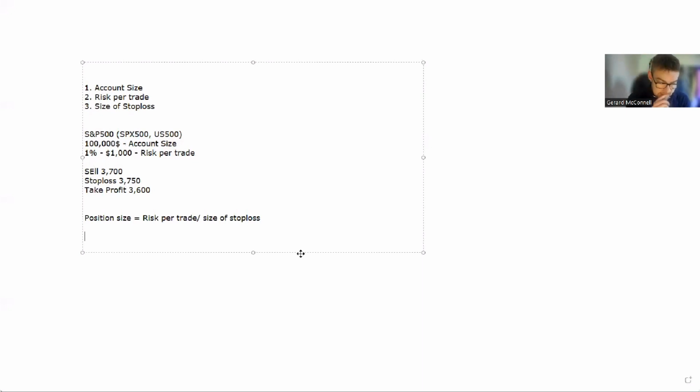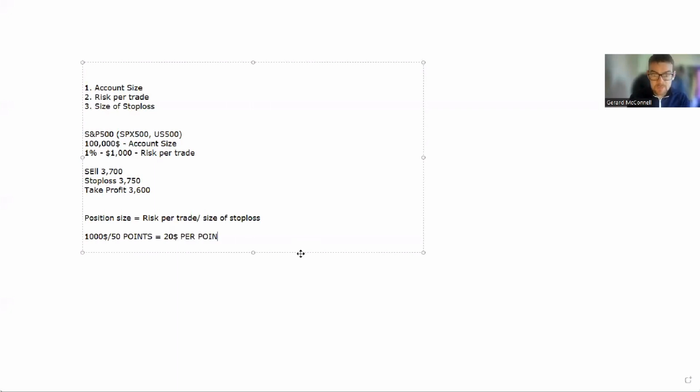So with that example, $1,000 divided by 50 points equals 20. So that is $20 per point.